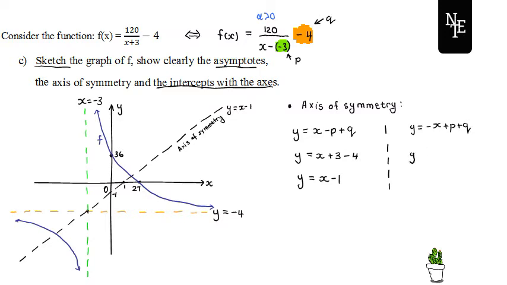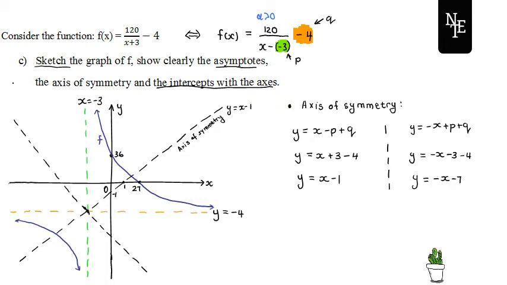So we're going to have y equals negative x plus p, well, p is negative 3, plus q, that's negative 4. So this becomes y equals negative x minus 7, right? So then this is going to have an x-intercept at negative 7, and a y-intercept at negative 7. So let's draw it in.